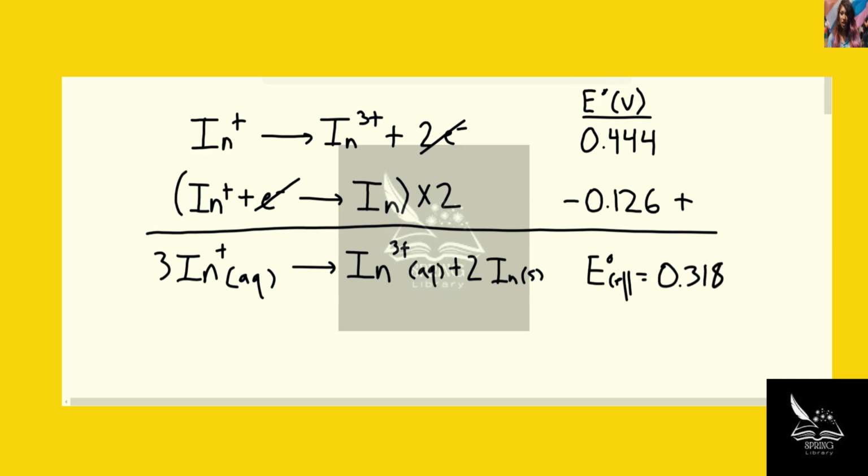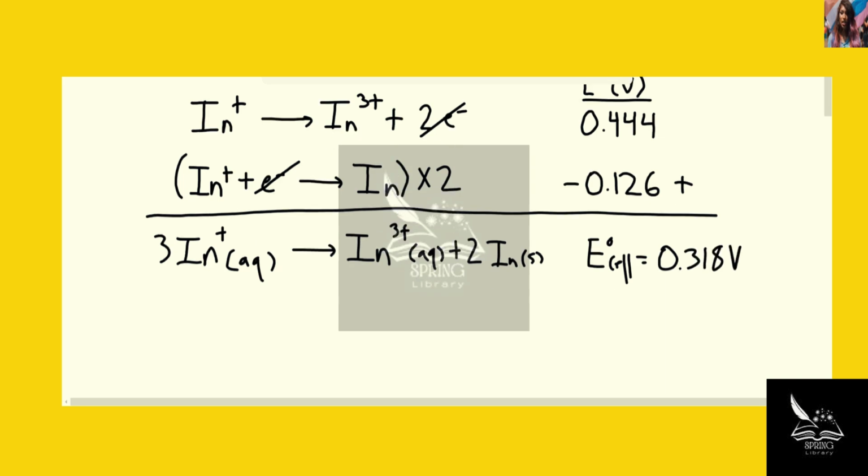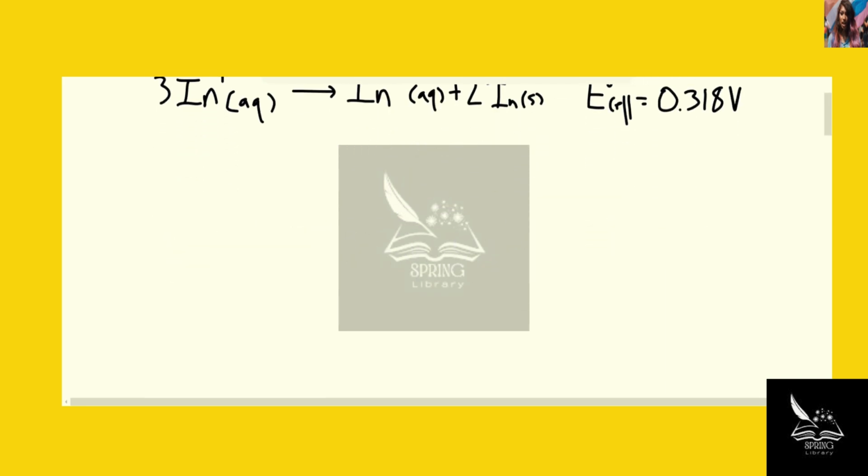0.318 volts. And now from the Nernst equation, we know that at equilibrium, the cell potential is equal to 0 volts. And the standard cell potential we just found was 0.318 volts.